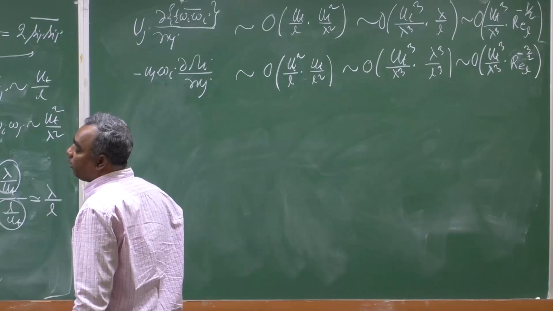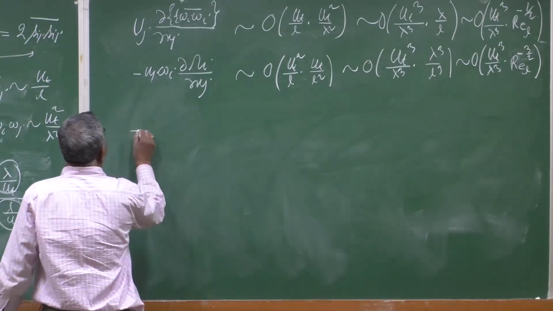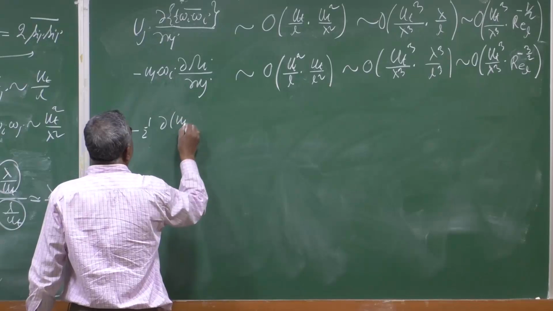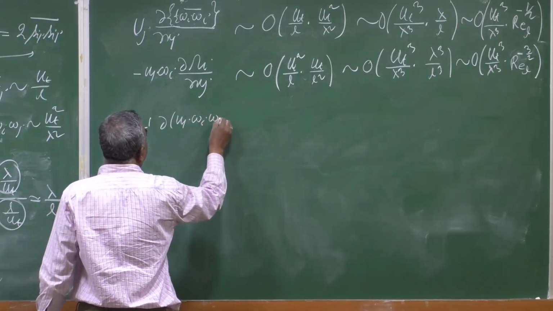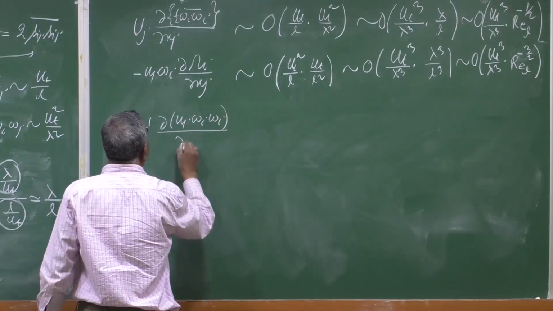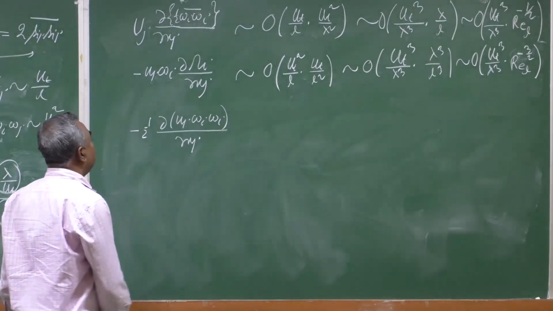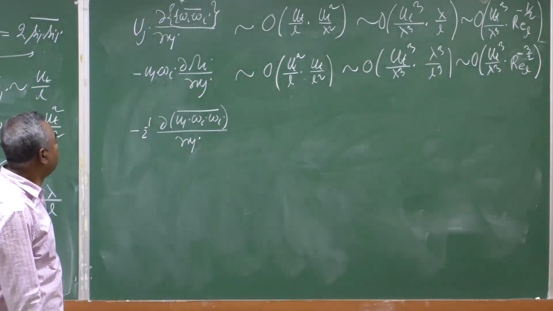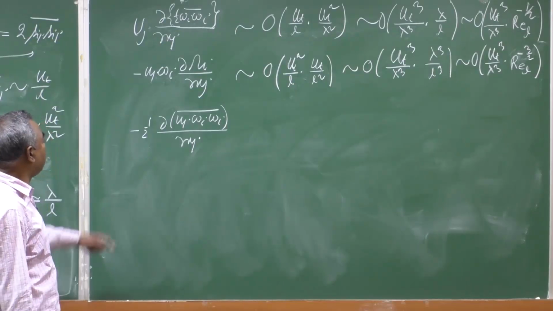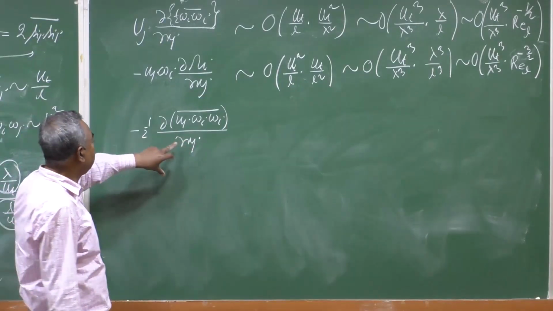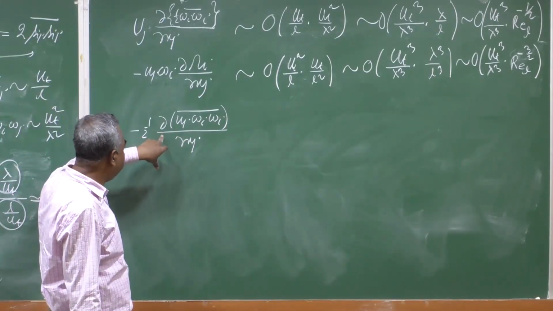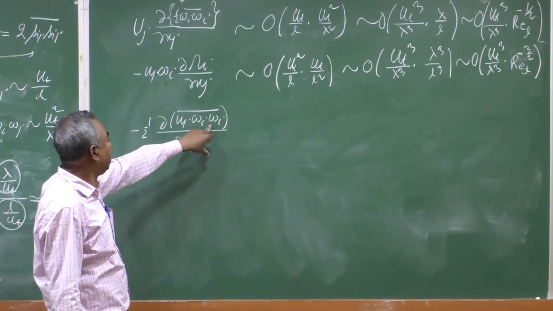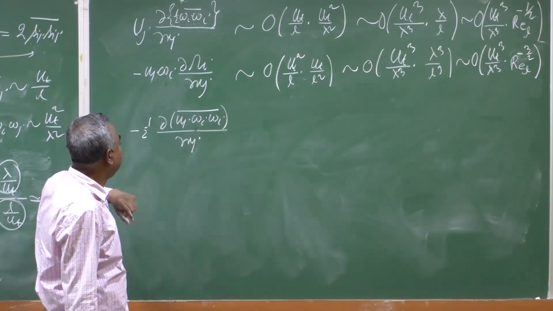The order of magnitude of the third term, that is minus half del u_j omega_i, del x_j. Okay. This particular term we can write as u_j into omega_i into omega_i del x_j.